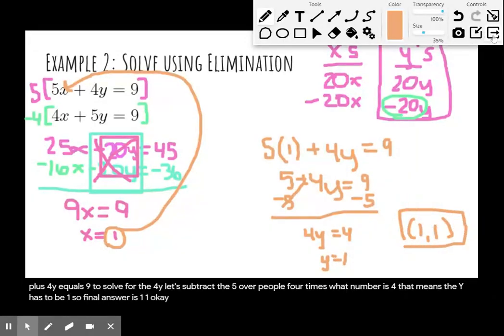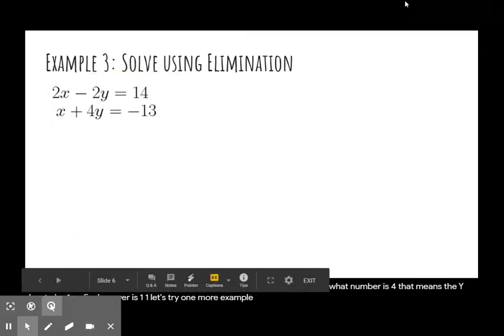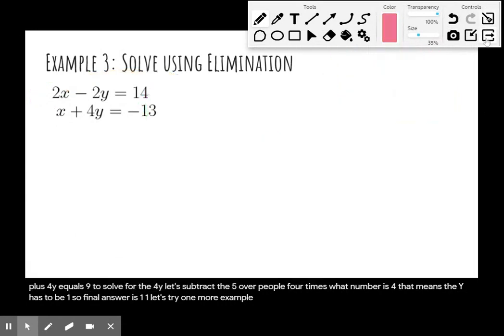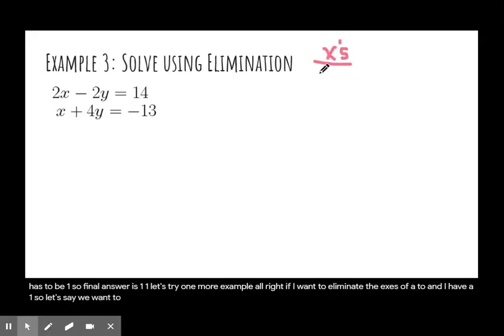Okay, let's try one more example. All right, if I want to eliminate the x's, I have a 2 and I have a 1. So let's say we want to make them choose.